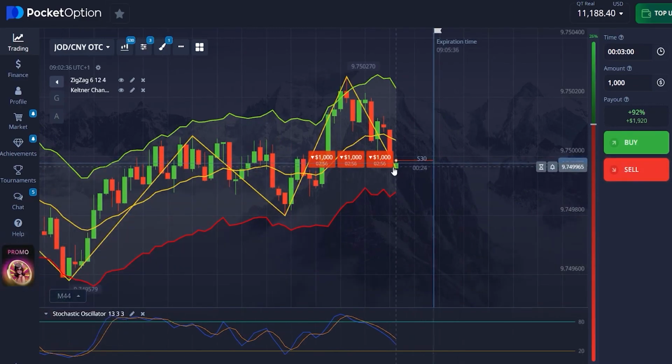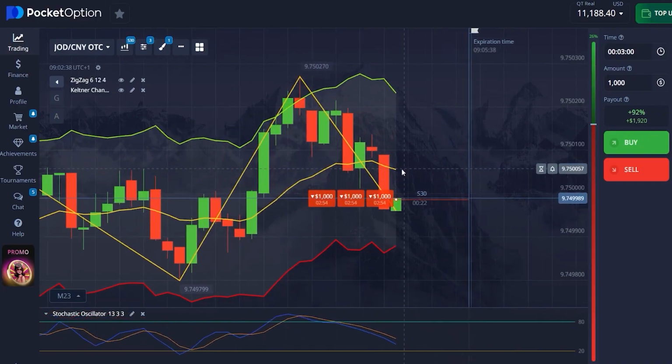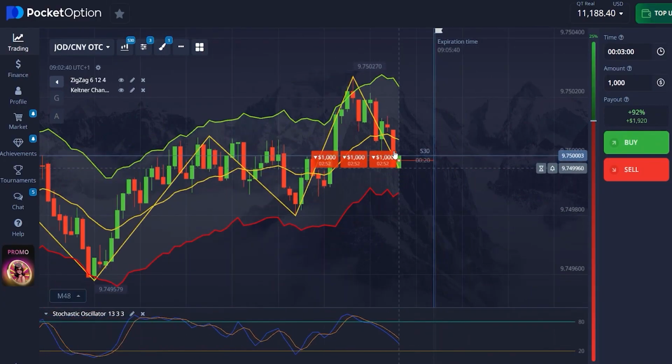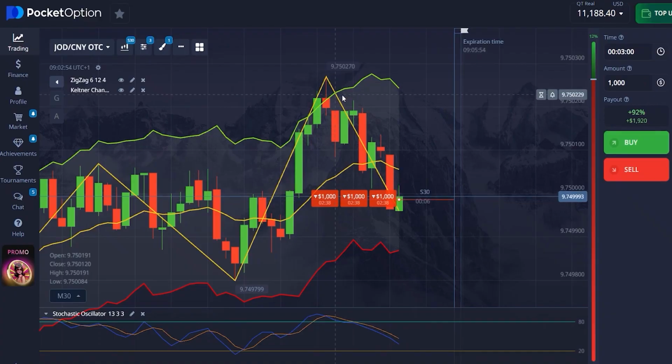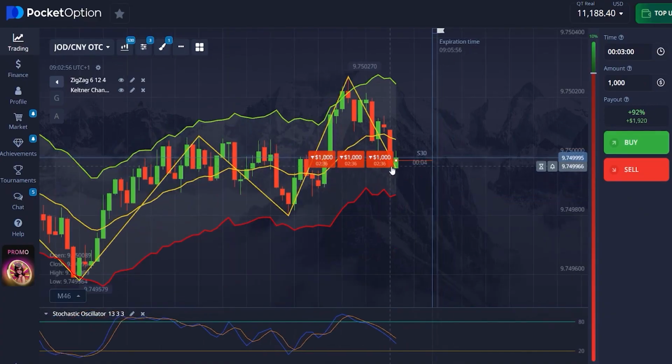So right here, go for a down position. So I'm able to see a directional move of the market towards a downside direction, confirming it with my indicators, which give me a confirmation to go into the market.